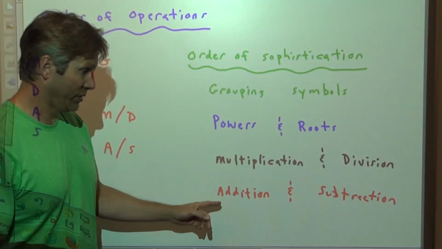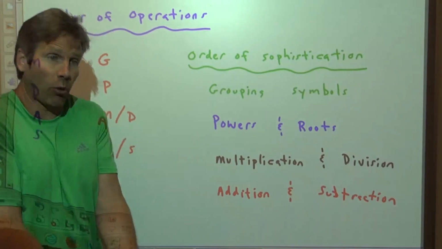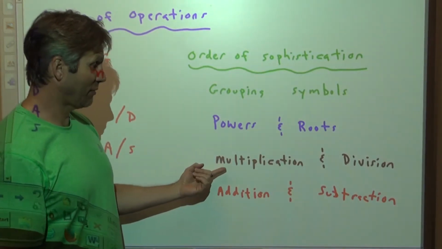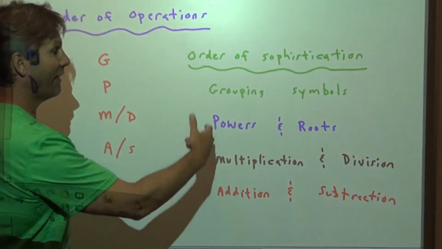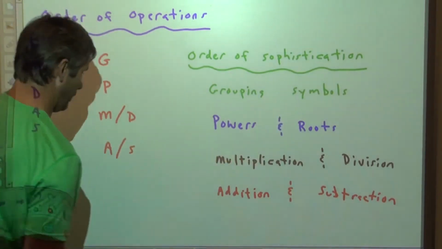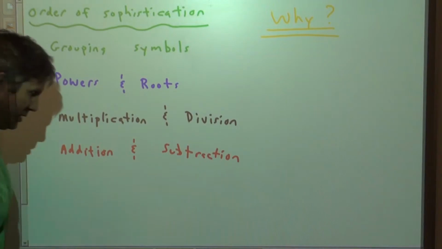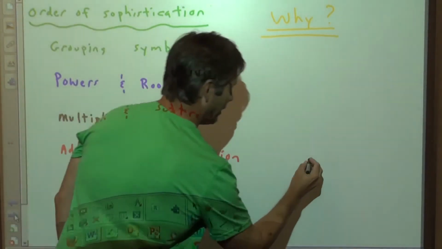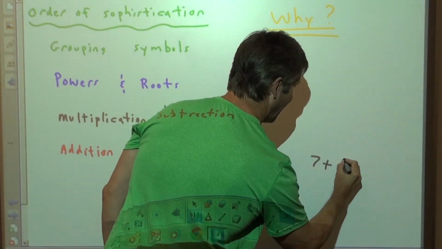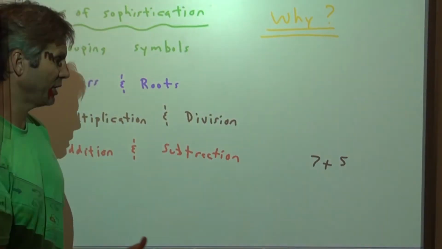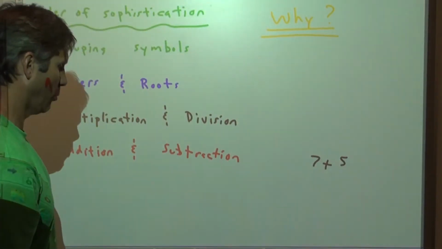Well, the lowest order is just addition and subtraction. You just have one operation to do. The next level is multiplication and division, and then powers and roots, and then grouping symbols after that. Why is this the order of operations? Well, if you've got like 7 plus 5, there's only one operation going on, it's addition, it's a no-brainer.